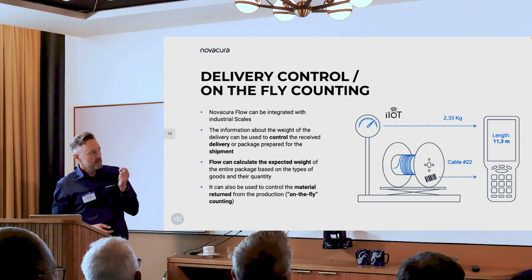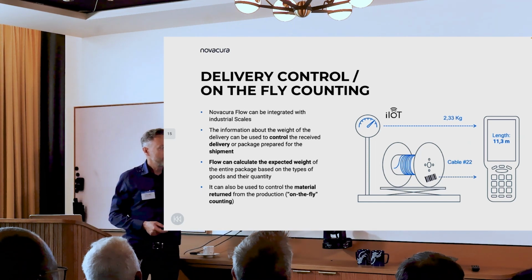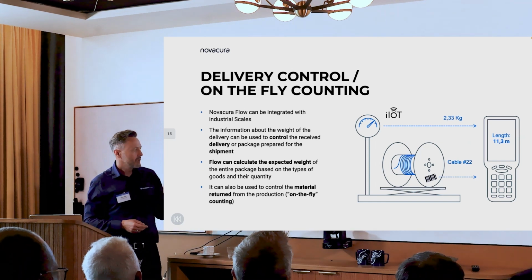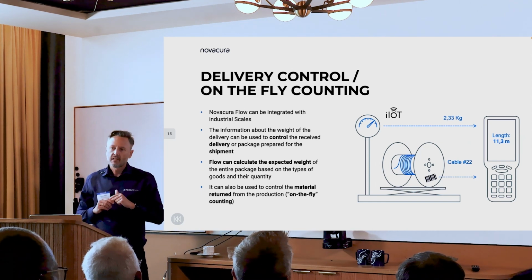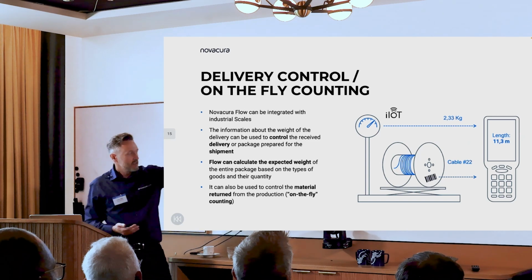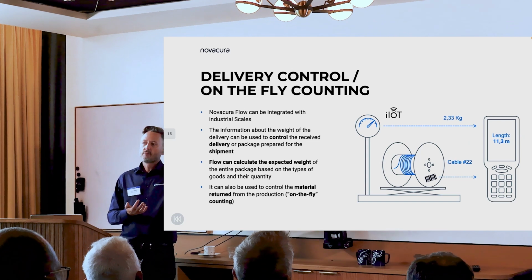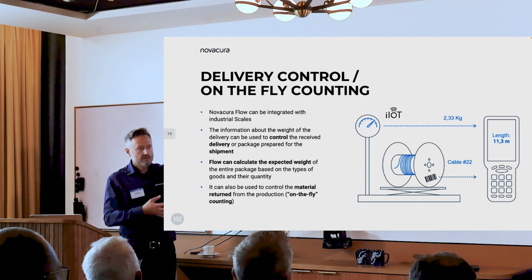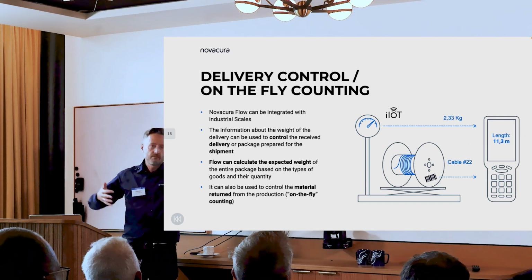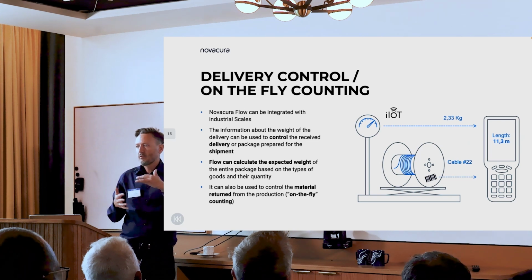Now, what is also interesting is that some companies use it for what we call on-the-fly counting. When you send a material, like for instance this wire, for production and it comes back, they have used several meters of the material, but you don't know exactly how many.